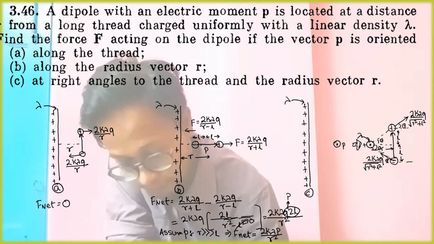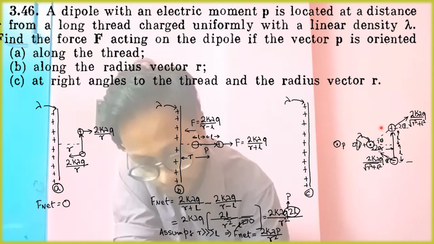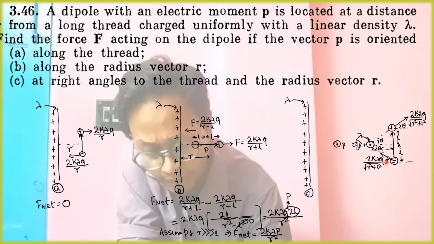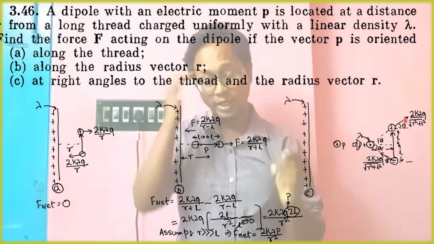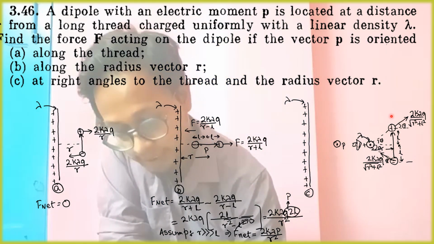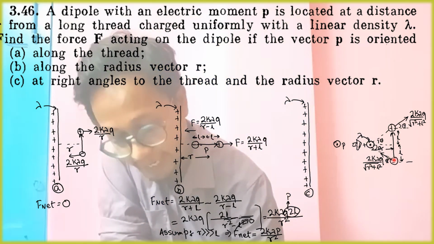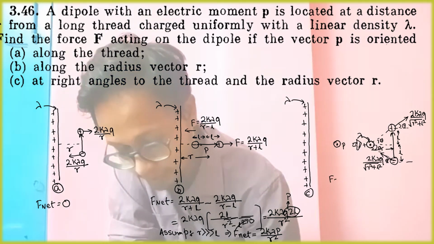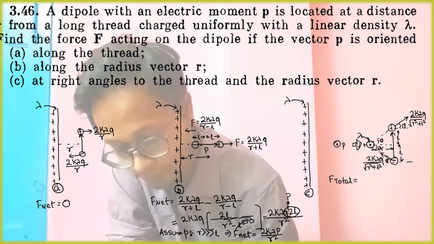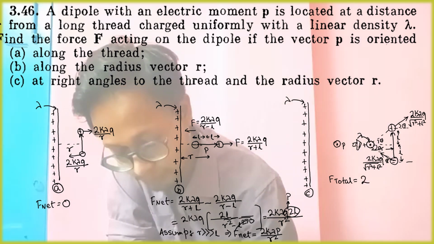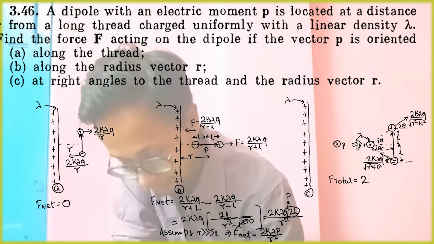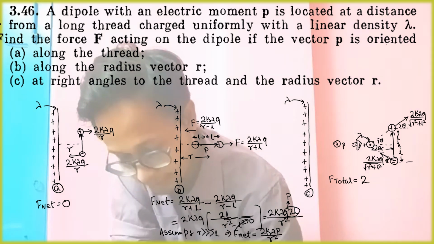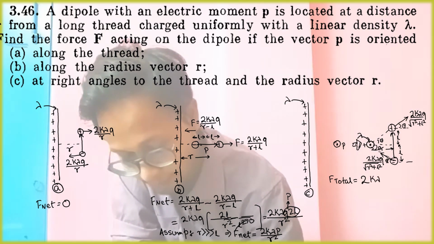So if you observe closely, the horizontal component of force due to the positive charge and the horizontal component of force due to the negative charge cancel each other out, whereas the vertical components of force add up. So F total would be 2 times the vertical component of this force, which is 2kλq/√(R²+l²) into sin theta.